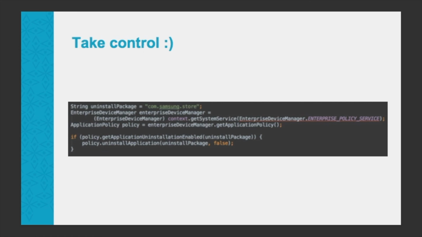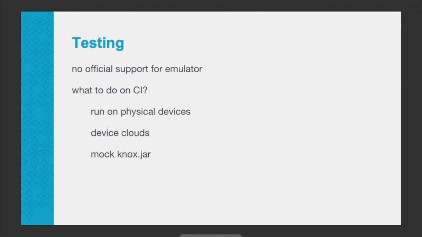In our project, the problem that caused us the most pain when Samsung moved from the old way of signing apps to the new ELM process was CI. Because Samsung decided that they won't provide an emulator, we asked them, what should we do on CI?